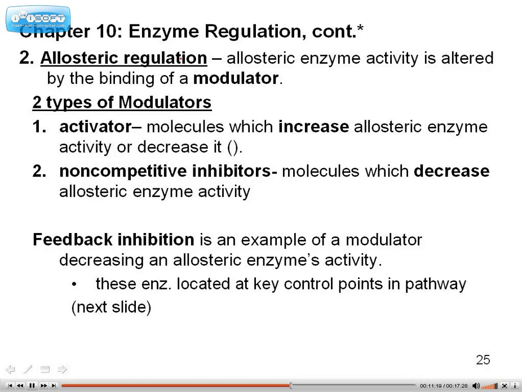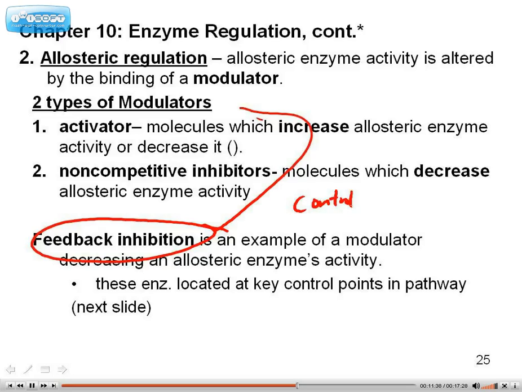In general, we need to control chemical pathways. Here is one way that we can control a chemical pathway.